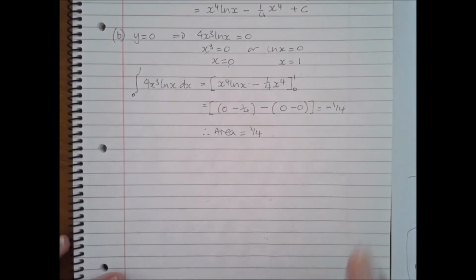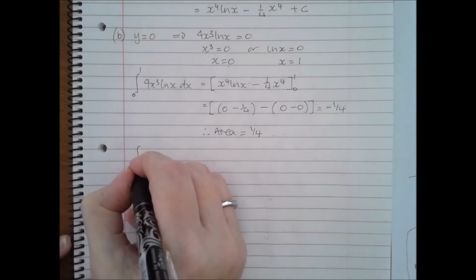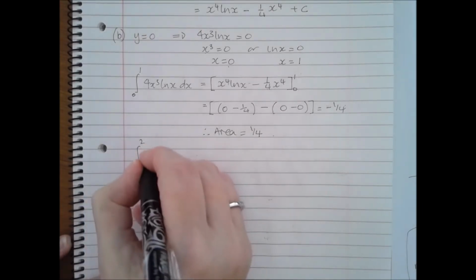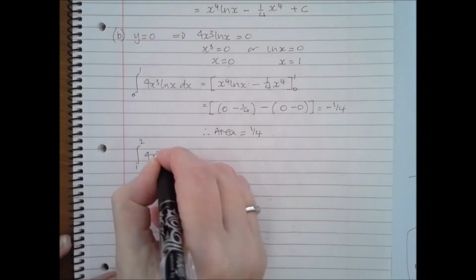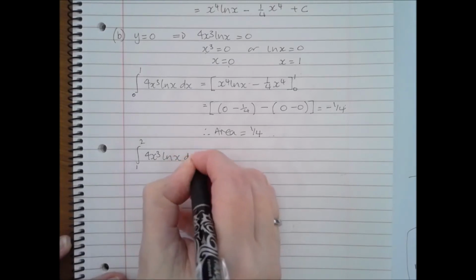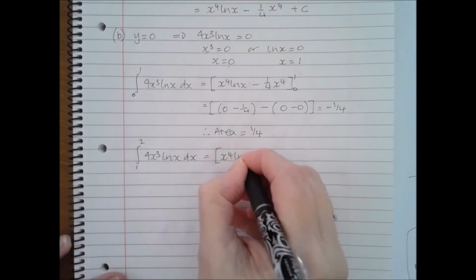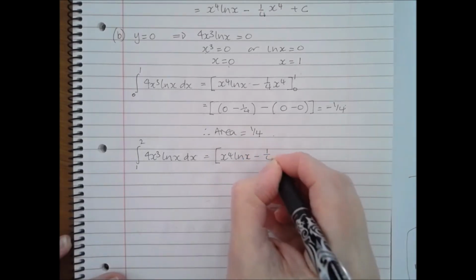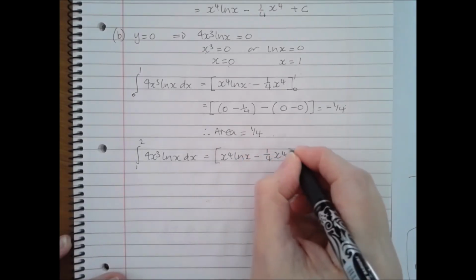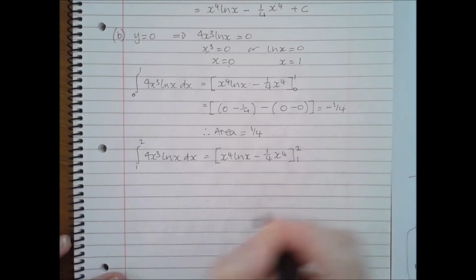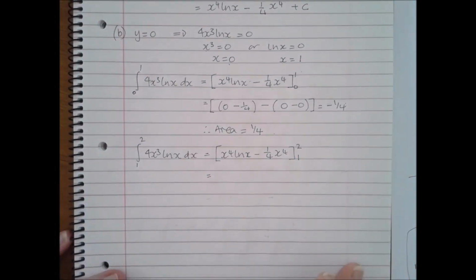And then for the second part, same thing again, we're going to integrate this time between 1 and 2, 4x cubed natural log of x. So this is going to be x to the 4 natural log of x minus a quarter x to the 4, and this time our limits are 1 and 2.